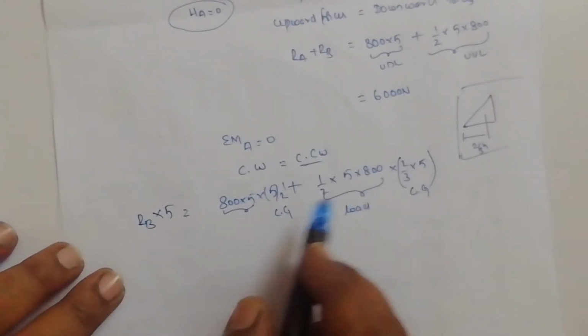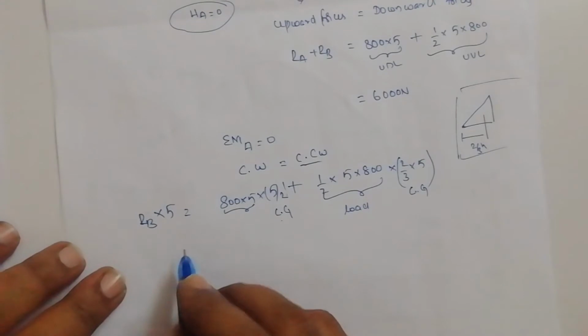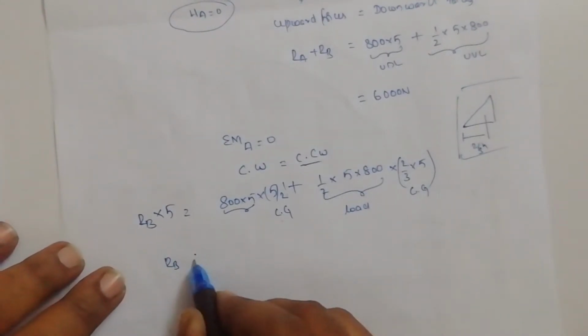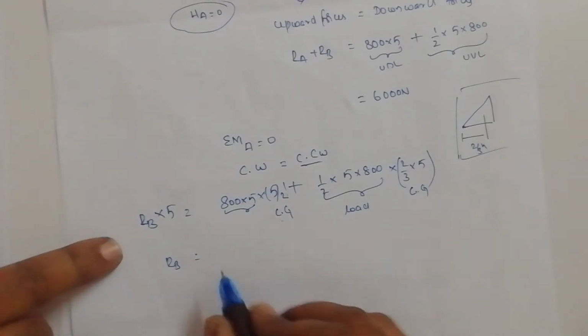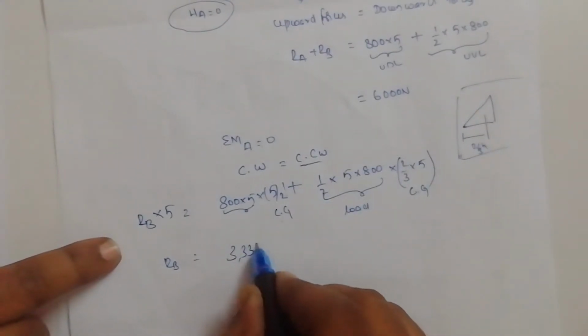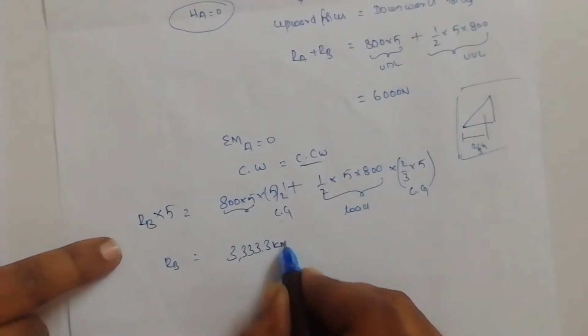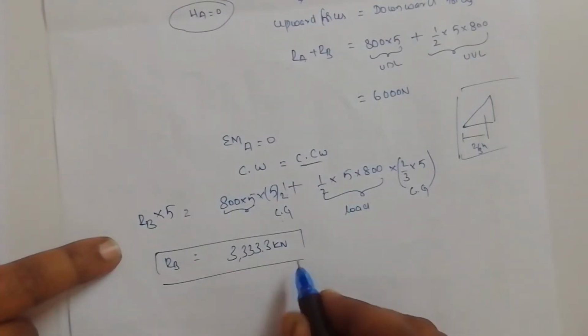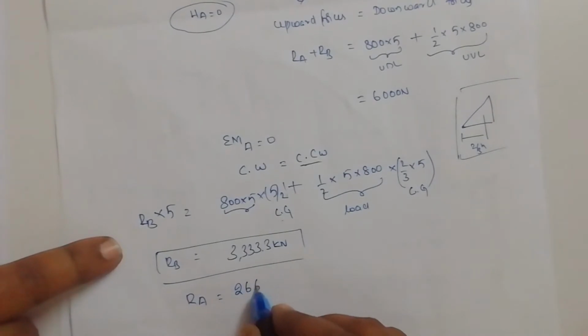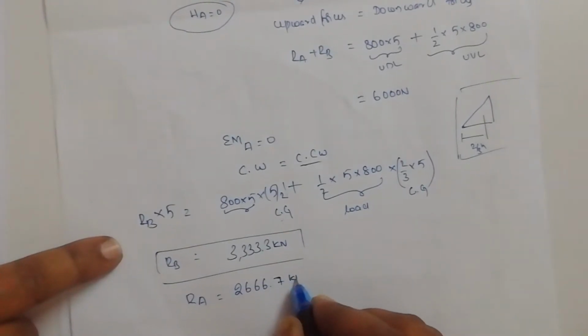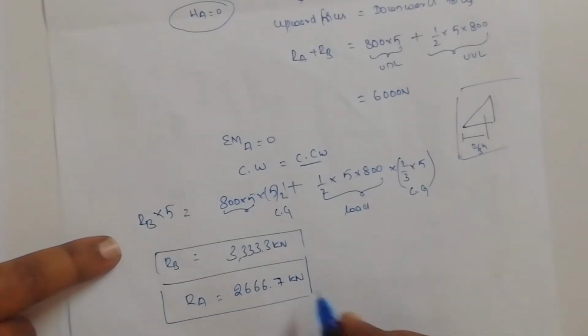With this we will get the value of RB as 3333.3 kilonewton. Similarly, the RA value we will get as 2666.7 kilonewton. You can check in your calculator, you will get the same answer.